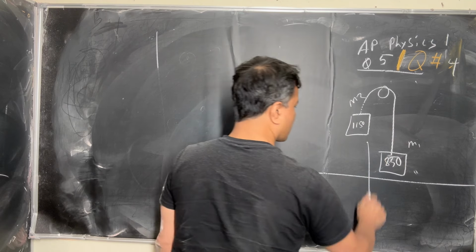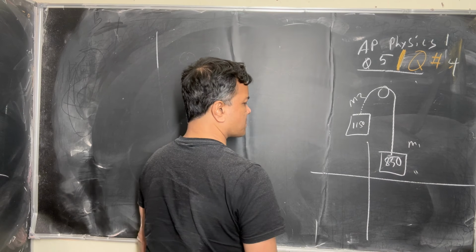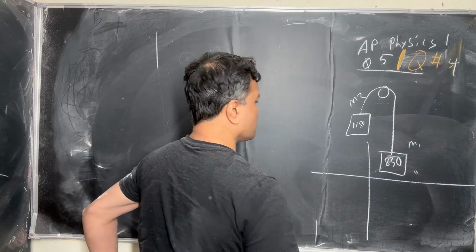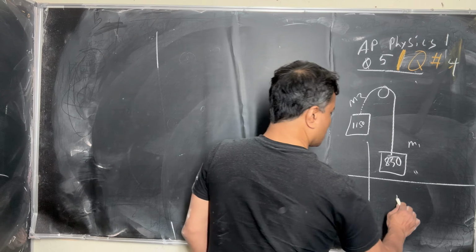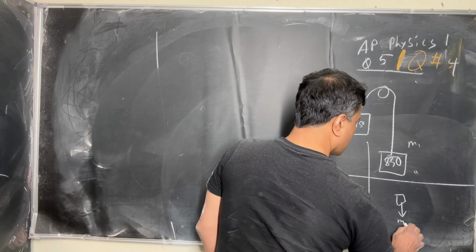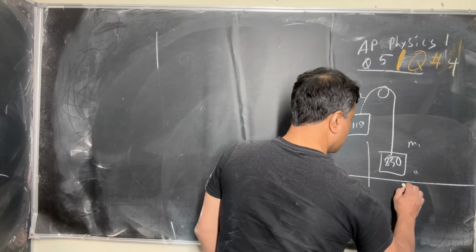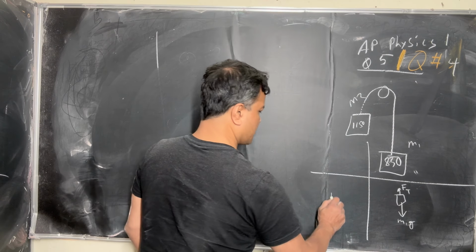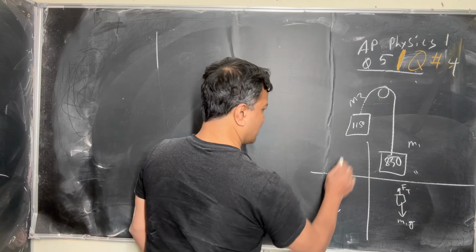Again, we're going to start our conversation with a free body diagram. Is this 850 and 1150? Okay. All right. So this one is M1G and this one is FT. Okay, that's it. That's all going on over here. This one is M2G.